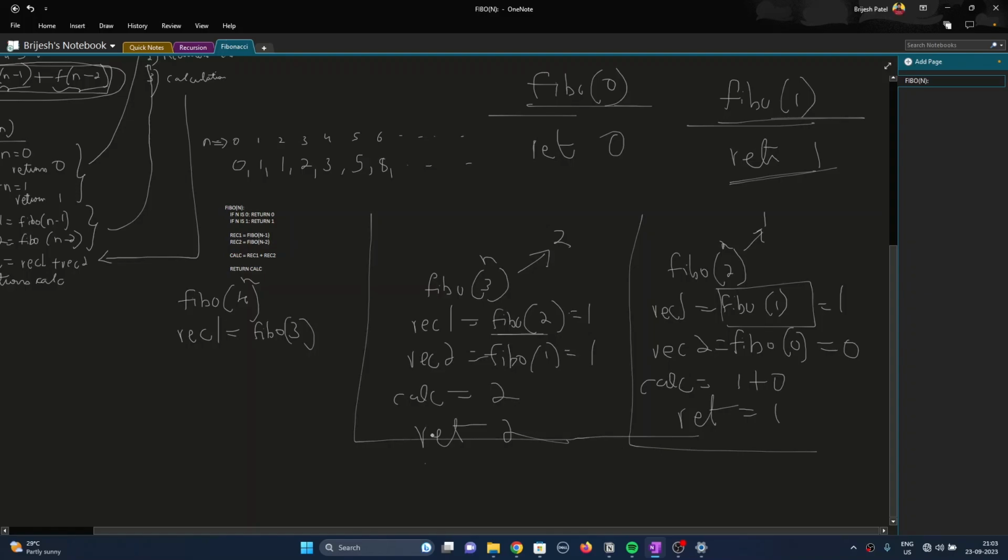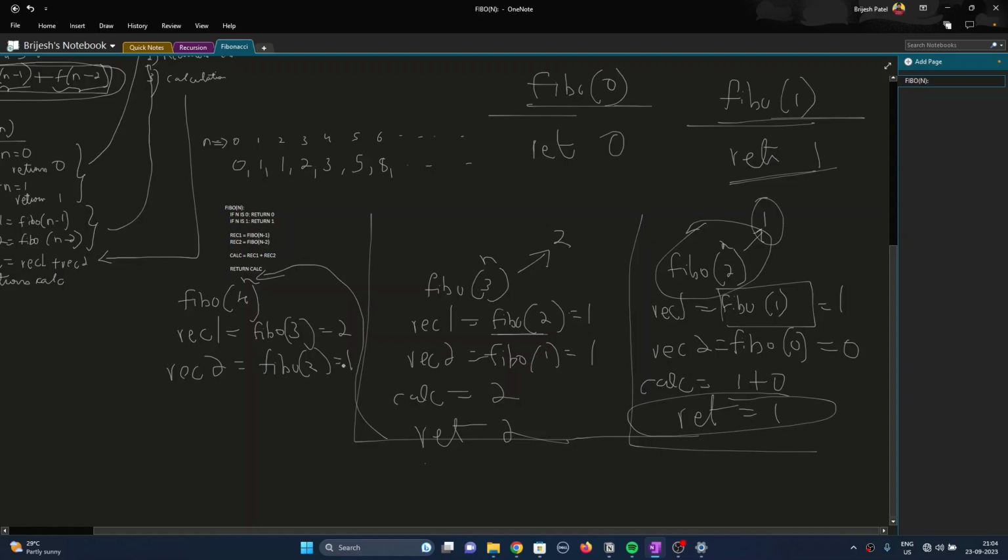Now that we're done here, the control is returned back to this calling function. Now that we know that Fibo of 3 is equal to 2, we go to the next line, which is recursive of 2, which is calling Fibo of n minus 2. Here n is 4, so 4 minus 2 will be 2. So now we know that Fibo of 2 equals 1.